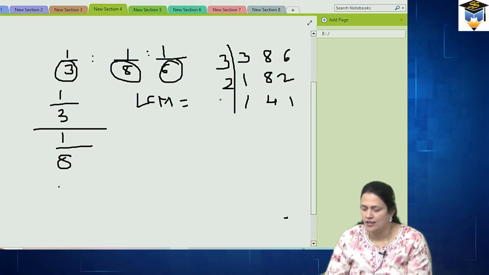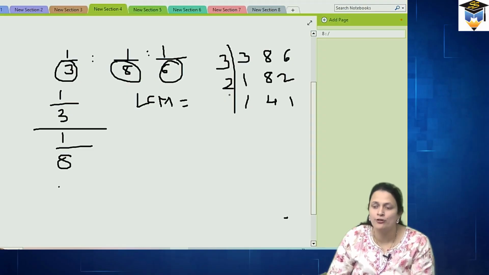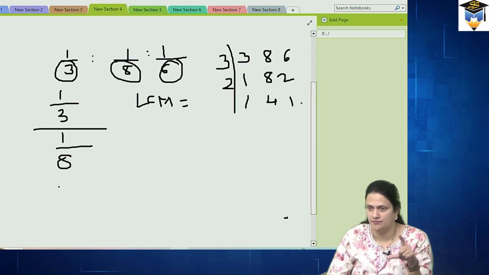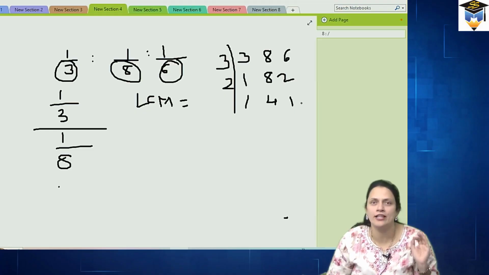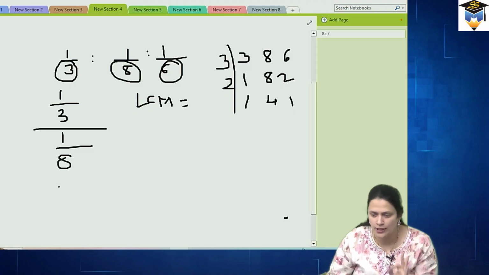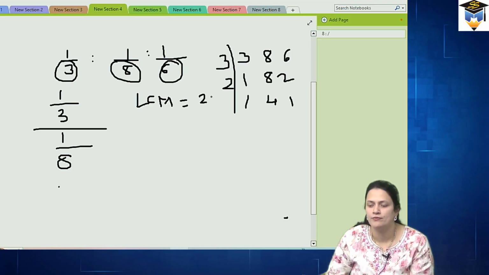Because see, up to this point it was possible. But after this, if I am going to take 2, then what will happen to this one and this one? So that's not a common multiple. Okay, so common multiples into uncommon multiples will give you the LCM. So in this way you have to find out the LCM. So the LCM is 24.